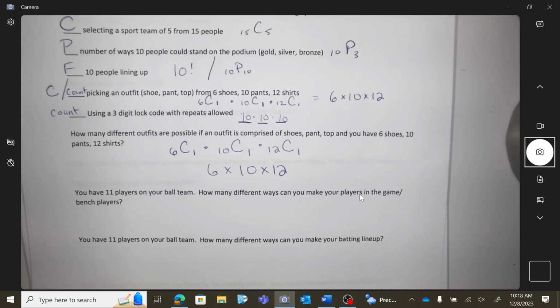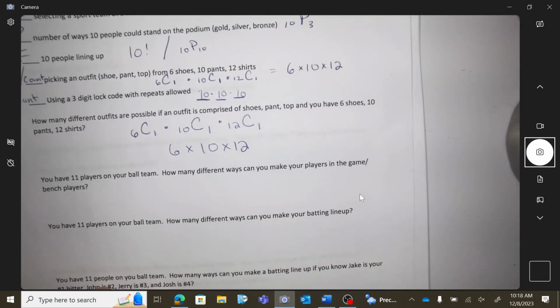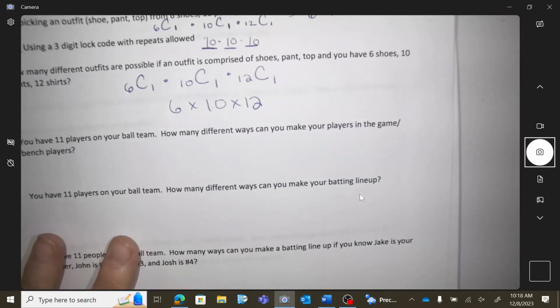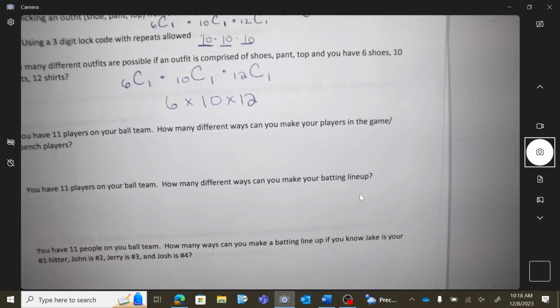So that's just an option thing, so 6 options times 10 times 12. Okay, it's not permutations because I'm not worried about the order, like my shoe, pant, top. I'm not worried about switching it to shoes and then a top and then a pant.